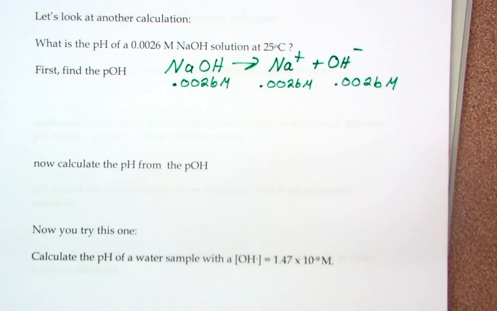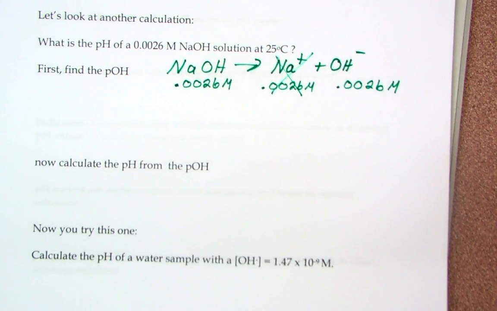What effect do metal cations have on pH for our purposes in this class for the rest of the semester? None. What effect does a sodium ion have on pH? None. Do we care that there's a sodium ion in solution? No. It has nothing to do with pH.